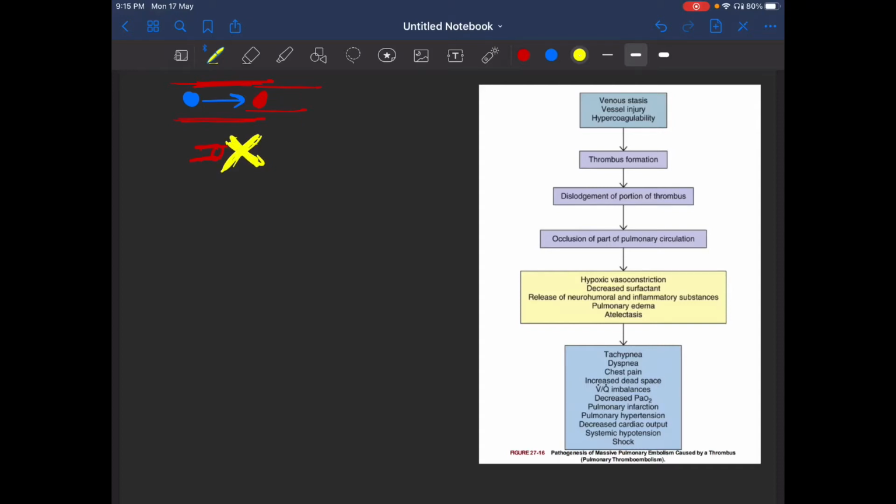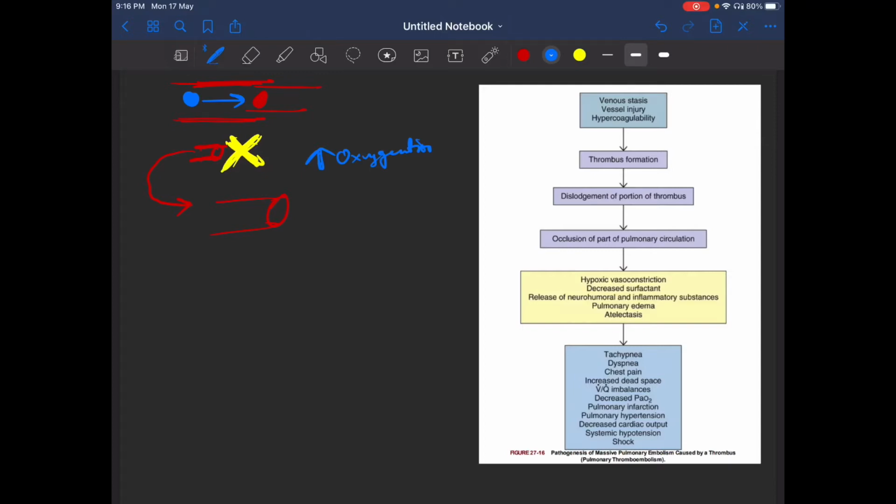So in order to transfer this blood from the blocked area to the free area, there will be a reflex vasoconstriction. This is a protective mechanism to increase oxygenation. This will cause the lung function to temporarily be better if the area is well ventilated.